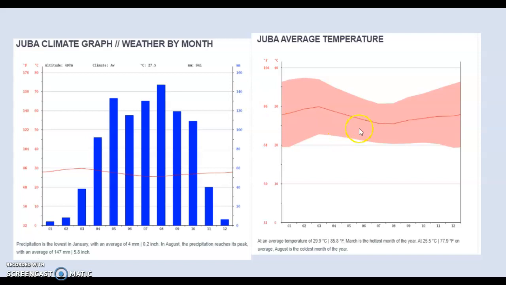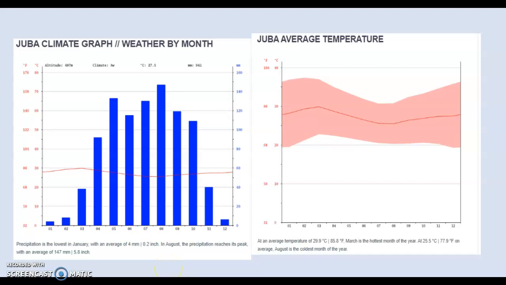Okay. This one here is the average temperature. You can see that it's hot, hotter, less hot, and hot. So it says here average temperature of about 30 degrees, because obviously it's close to the equator. March is the hottest month. And then it says August is the coolest month, which sort of confirms what we've got going on with the rainfall as well.